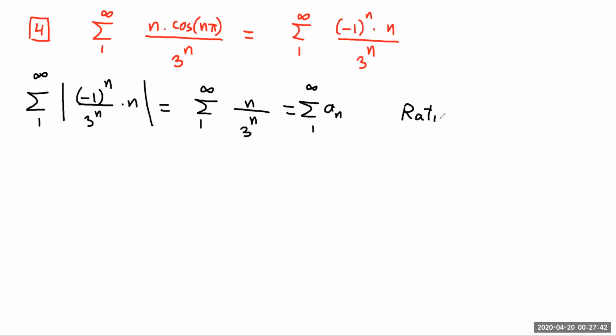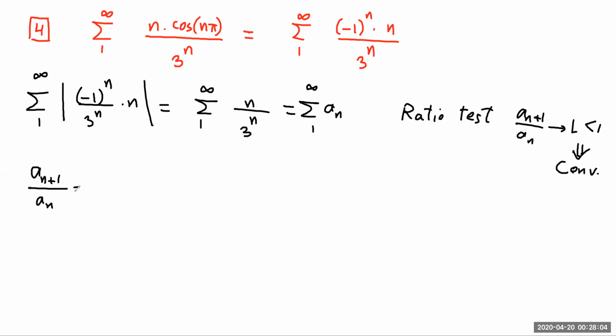let's use, for example, the ratio test. What was the ratio test? If I take a_(n+1) over a_n, and the limit is L when n goes to infinity, less than 1, then it converges. So let's calculate a_(n+1) over a_n. It's (n+1) over 3^(n+1) divided by n over 3^n.